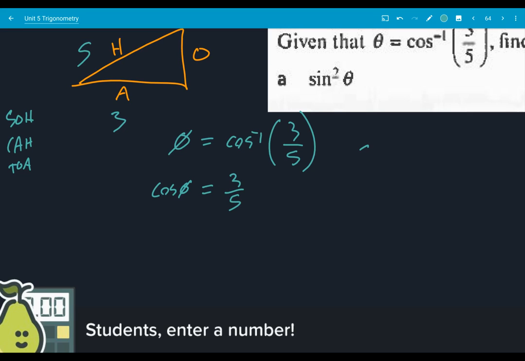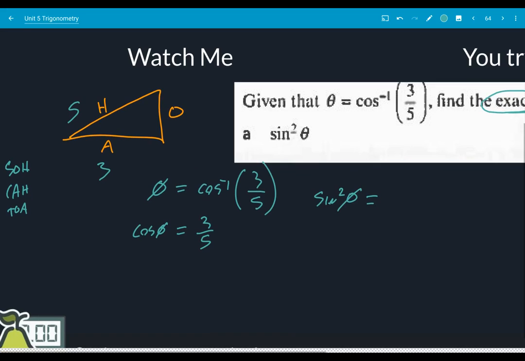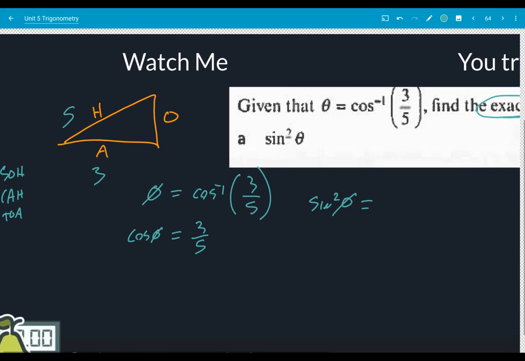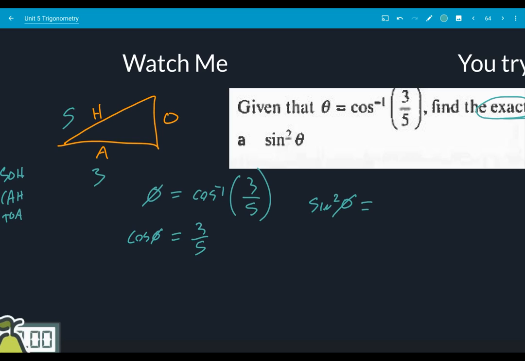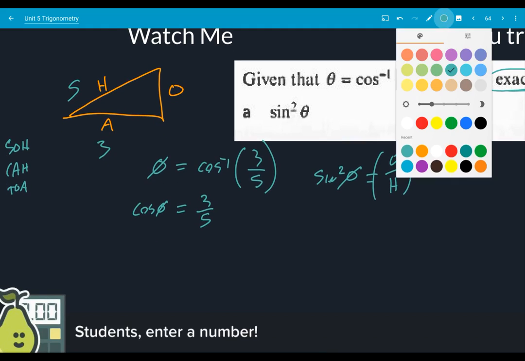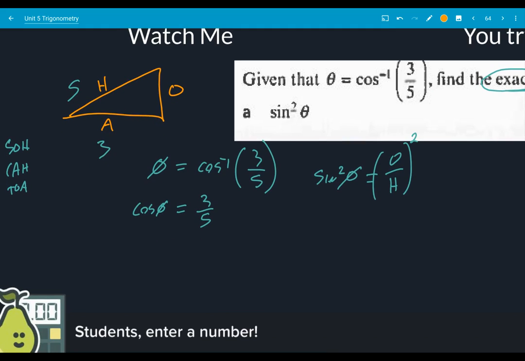So for sine squared theta, sine of theta is equal to O over H. Actually, it's sine squared, so it's that squared. We have to figure out what O is. Again, we can go back to good old Pythagoras. So 25 is equal to 3 squared plus O squared.